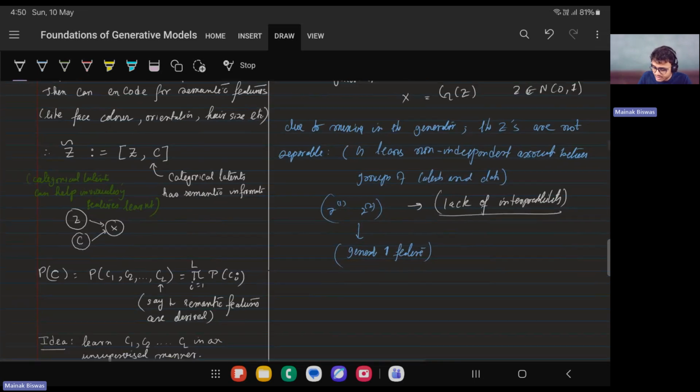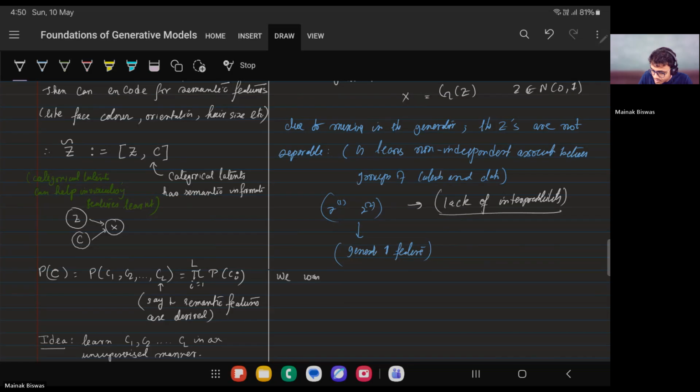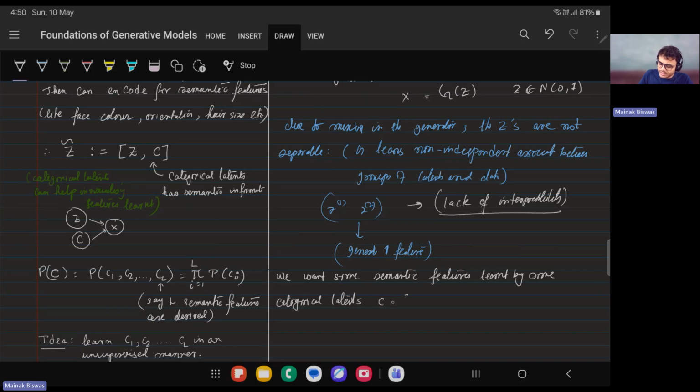What we want is some semantic features learned by some categorical latents, say latents C. C could be a group of latents C1, C2, up to CL, and each of these CL could take values in 1, 2, 3, 4, or k classes.